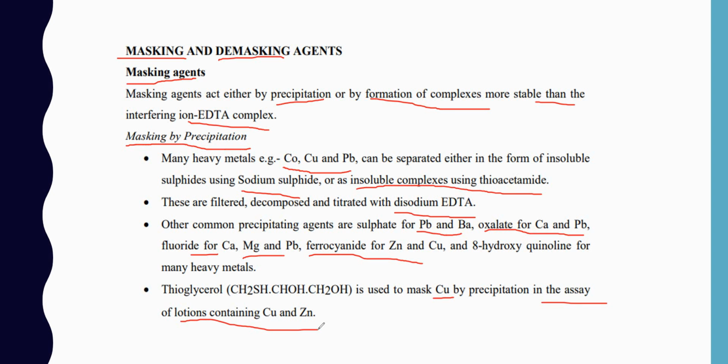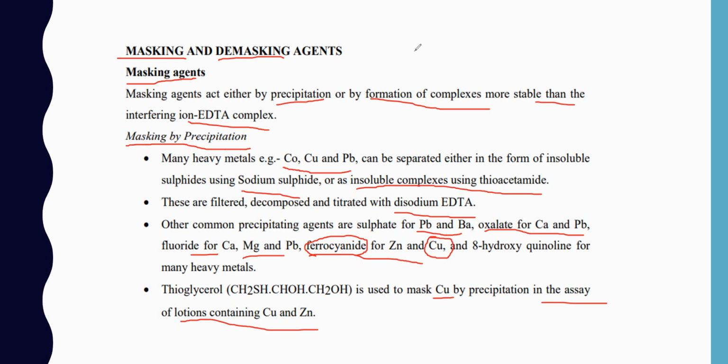For example, we have a mixture of copper and magnesium, but we just need to identify magnesium in that solution. We are not concerned with the copper. So first we'll mask the copper. How? By using these precipitating agents. For example, for copper I have used ferrocyanide as a precipitating agent. It will precipitate all the copper present in that solution.